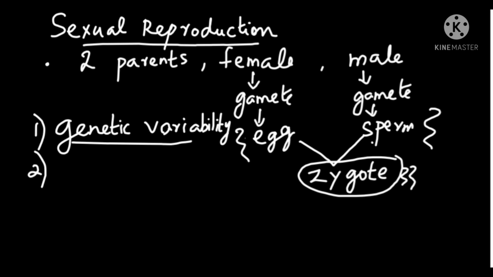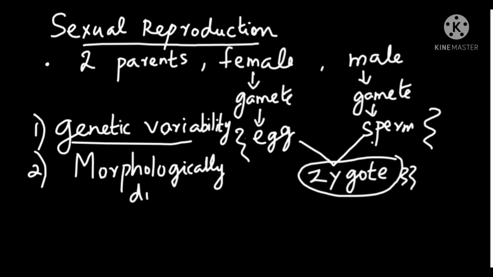That all comes due to genetic variability, and they will be morphologically different also. Morphologically means look-wise also a little difference will be there. Morphologically and genetically they might differ, except in the case of identical twins. Identical twins look morphologically similar, but genetically still they will be different.